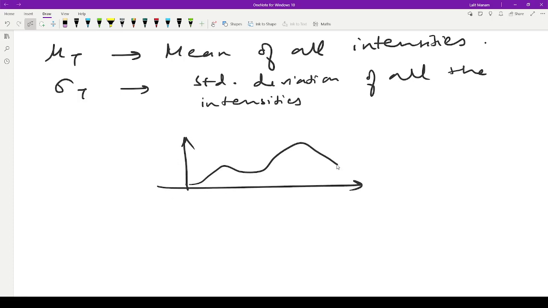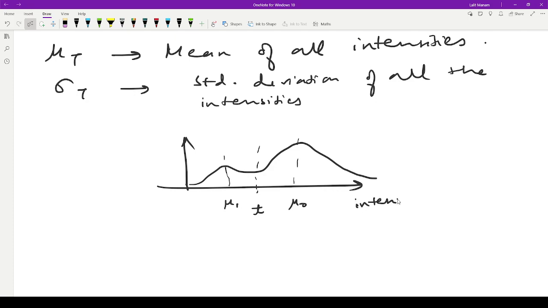So we have something like this, where this is mu naught, this is mu 1, and there is some small t threshold.